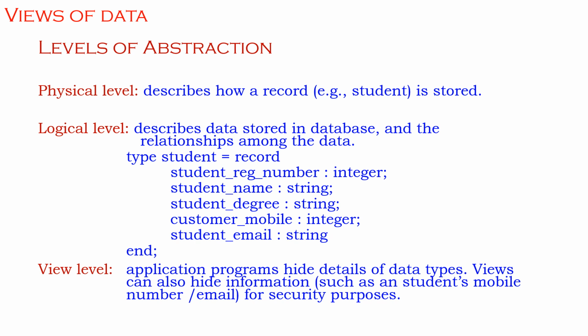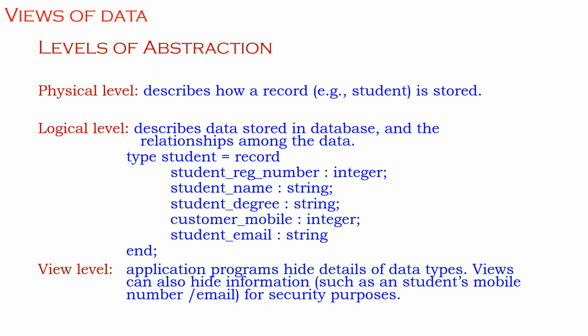So in view level, the user views can hide information mainly for security purpose, and also access control. For example, let us consider banking information. Certain information has to be hidden from customers. They should not view the detailed information about the other customers.